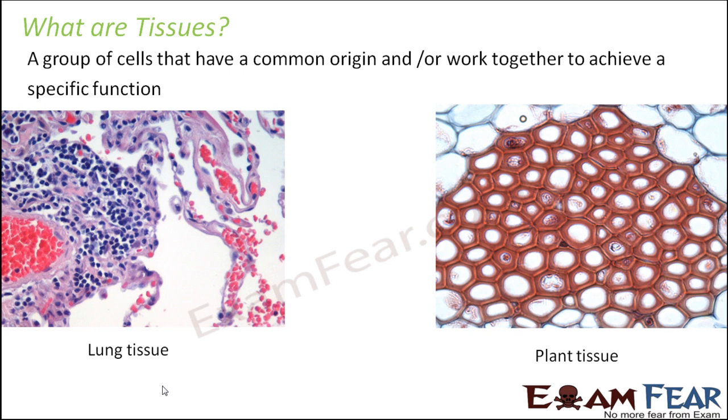So if you want, you can have a look at that lesson as well. Here you can see an example of an animal tissue, which is the lung tissue, and also the example of a plant tissue. This is how the tissue looks. It is a group of cells working together to achieve a specific function.